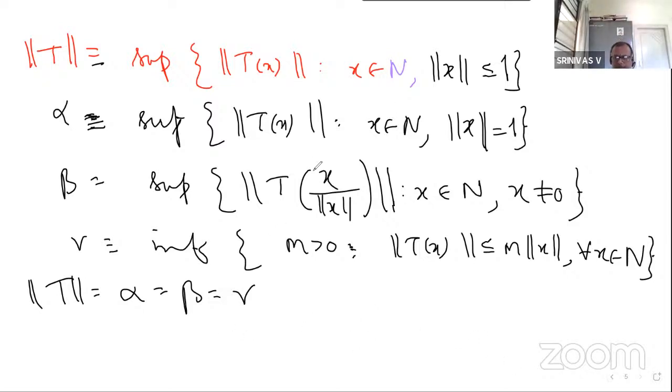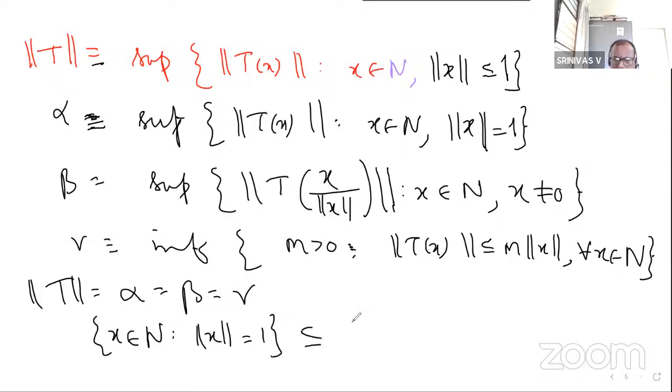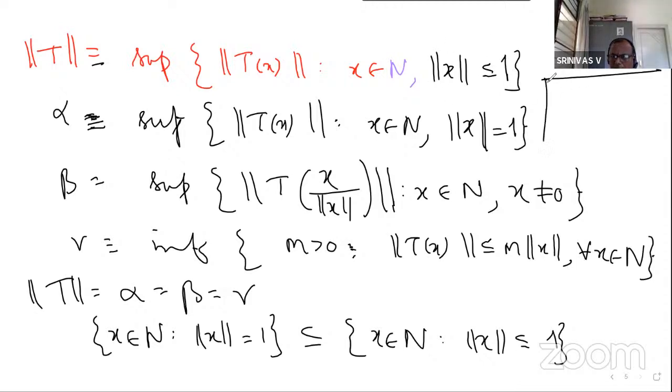Now you observe one thing. The set of x belonging to N such that norm x is equal to 1 is a subset of the set of x belonging to N such that norm x is less than or equal to 1. Why? These are the points in the closed sphere.